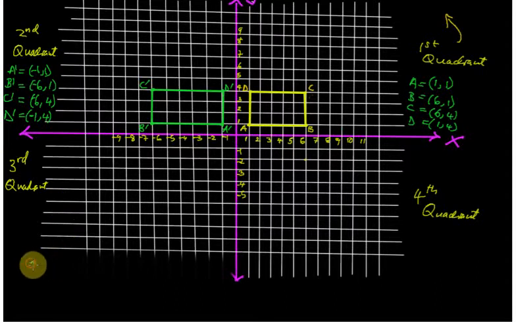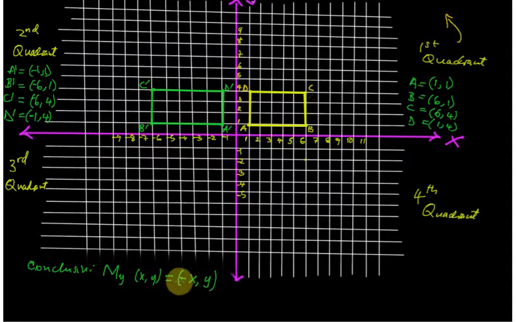If we have to make a conclusion, we say that reflection, mind you, reflection is denoted by letter M. So reflection through y-axis of point x, y will be given by negative x, y.